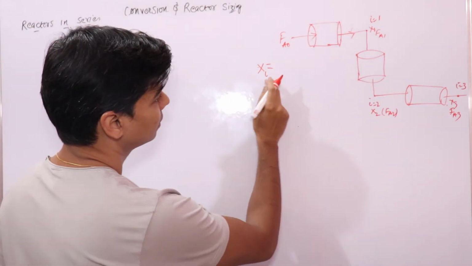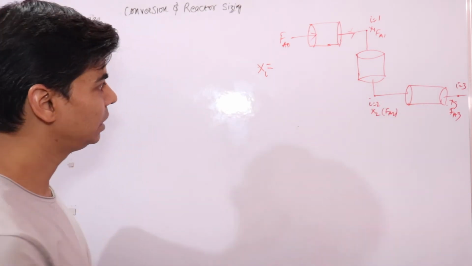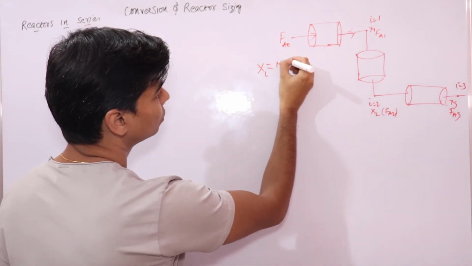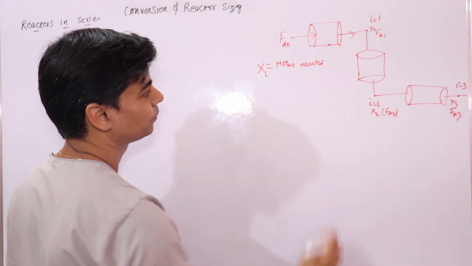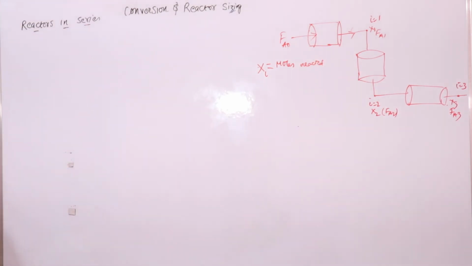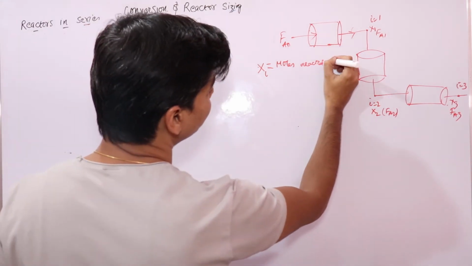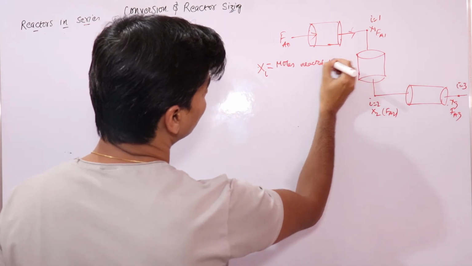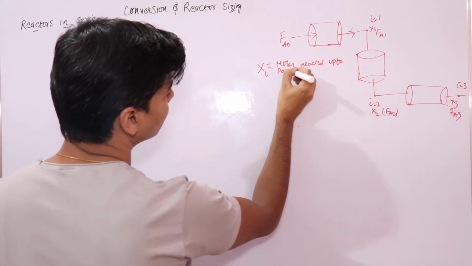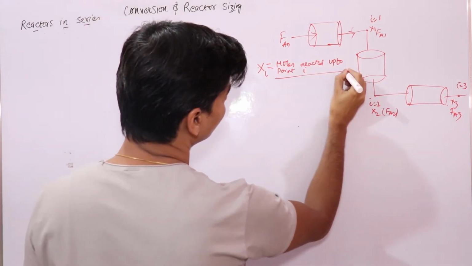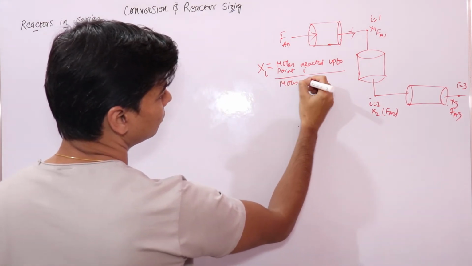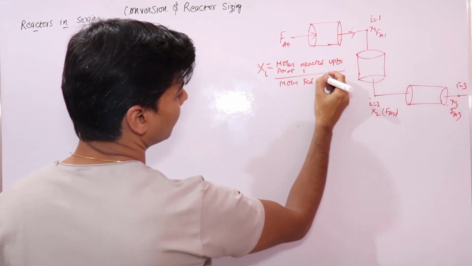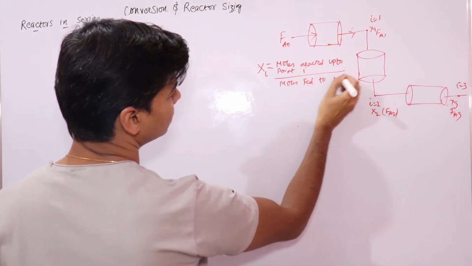So Xi, the conversion at point i, equals the moles reacted up to point i, divided by the moles fed to the first reactor.